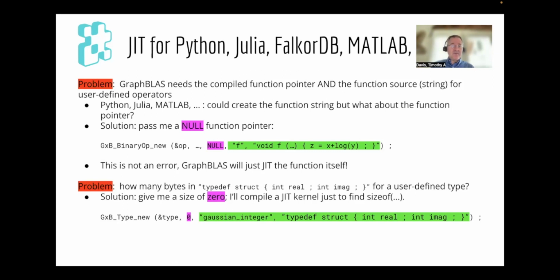If you don't know what the size of that type is, you just tell me when you create the type, you say, here's a type, it's size 0, and here's the name of the type, and here's the string that defines it. That 0 tells me that you don't know the size. Fine, I'll find out. I'll compile a JIT kernel, and all it does is inject that string, stick sizeof around it, and there you have it. I have a JIT kernel whose only job is to find the size of that user-defined type.